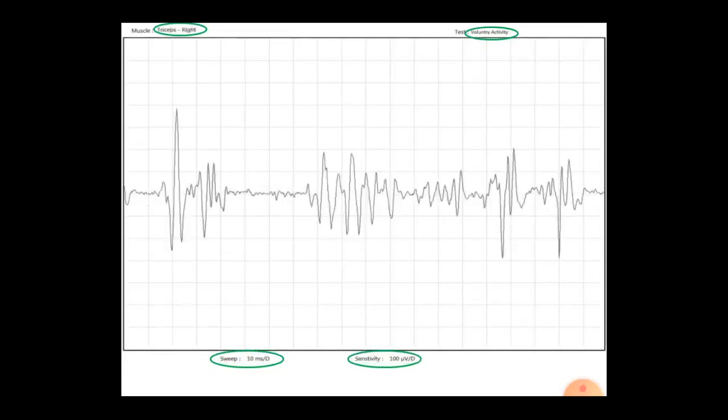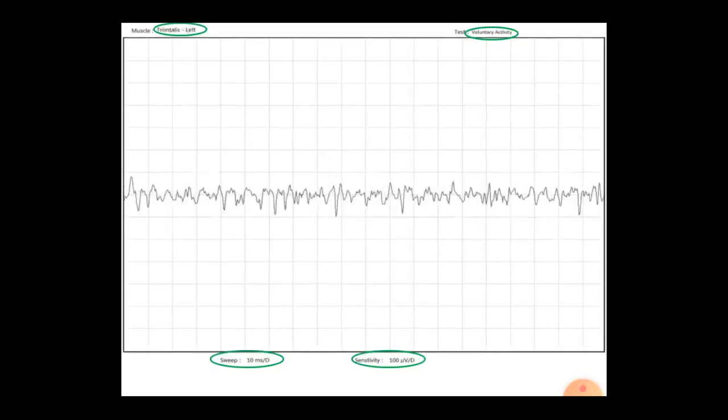In case of this right tricep, you can see that they are occupying 5-6 squares vertically, so it is about 500 to 600 microvolt. And in case of this frontalis, they are hardly occupying 1.5 squares vertically, so they are hardly 1.5 centimeter or more, but definitely less than 2 centimeter. So we can say that here the amplitude is ranging from 100 microvolt to 200 microvolt.